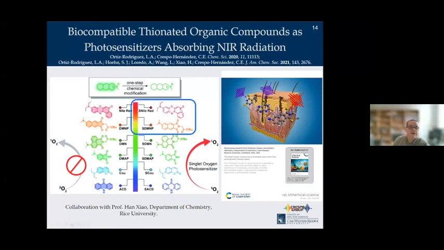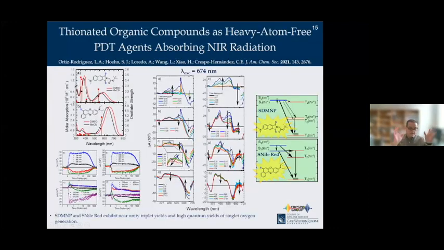Today I'm going to focus on these two, which absorb in the infrared, because of time. We have studied the fundamental photochemistry of this compound completely. We also understand the theoretical mechanism of how the triplet state and singlet oxygen are generated.